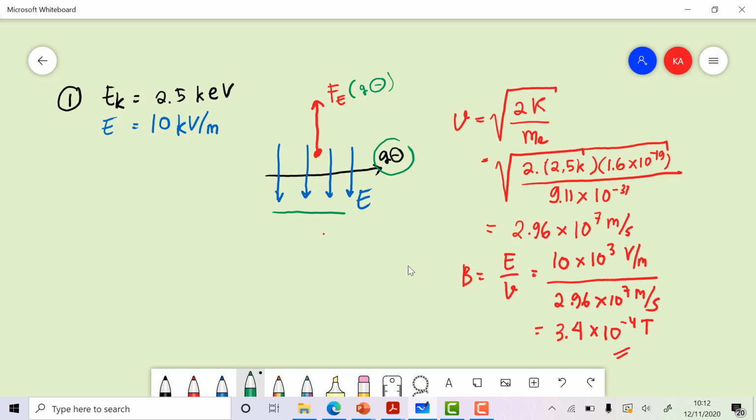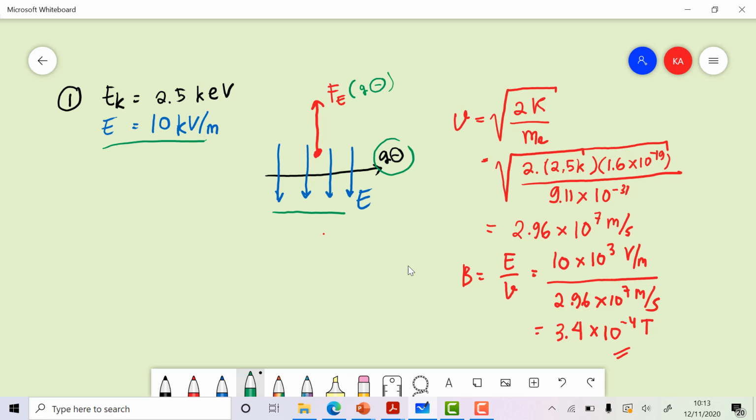We know that the electric field E is 10 kV/m, and the kinetic energy of the electron is 2.5 keV. To keep the electron moving in the x positive direction, Fe is in the vertical y positive direction, so Fb must be like this to keep the electron moving in the x positive.